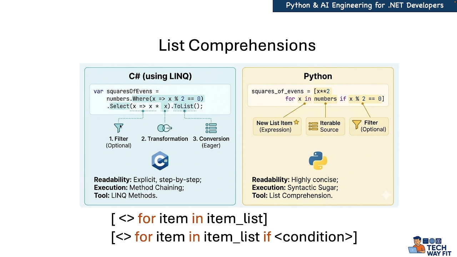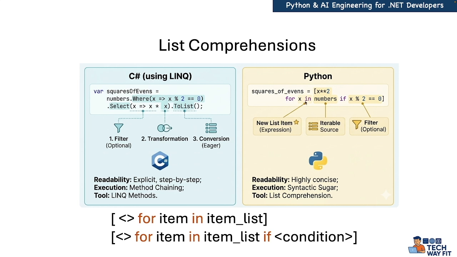The first is the where condition, which is the filter. Second, whenever you do select x with the arrow, the lambda x * x is the transformation of the particular object. Finally, once you complete everything and convert to list, it converts to a target list.